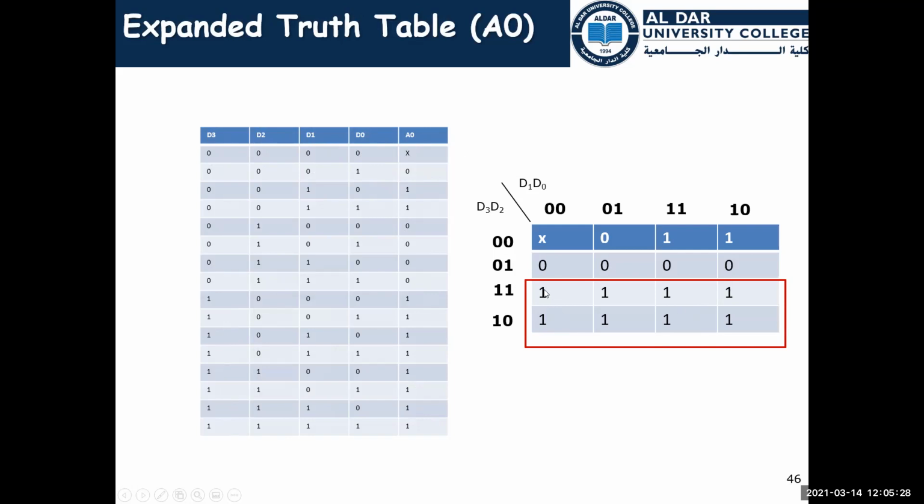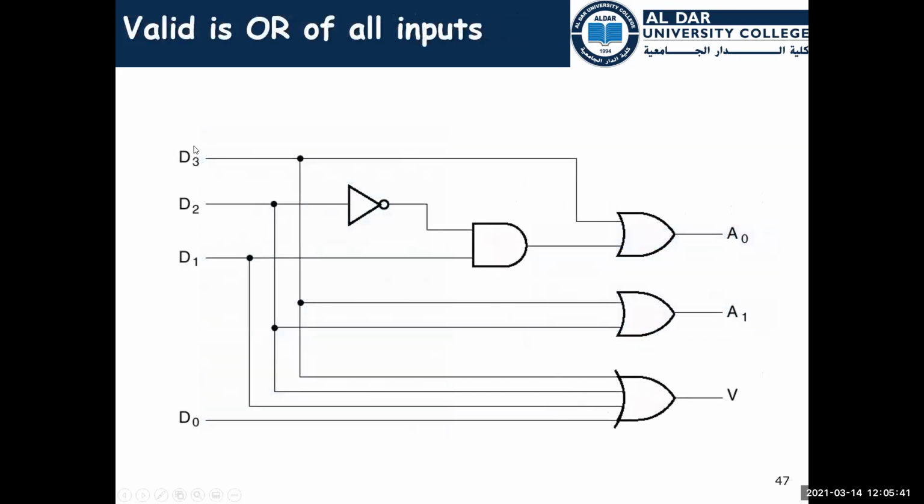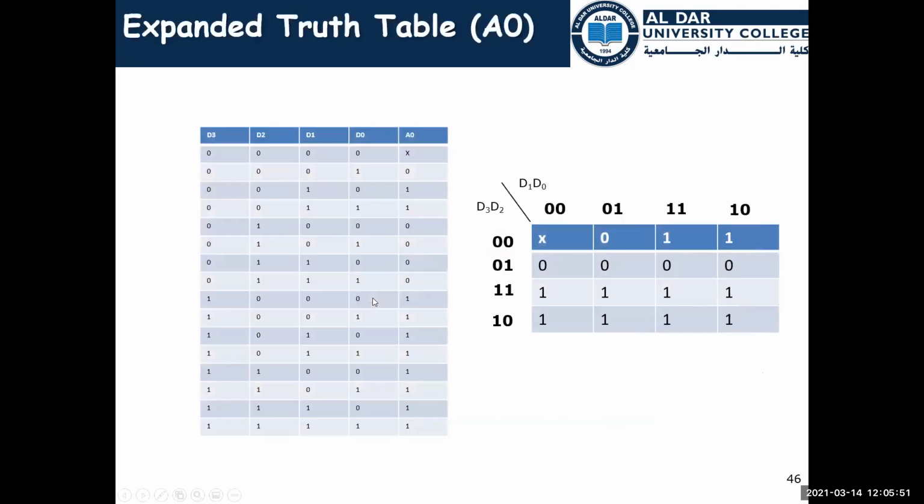And we can group all of these together, and these two together, and the output will be D3 plus D2 complement D1, which can be represented by this very simple circuit. This is the priority encoder. This is the implementation of the priority encoder.